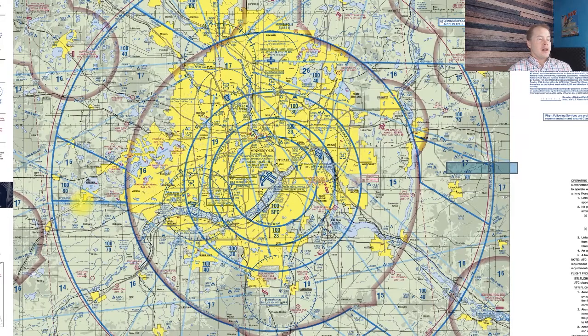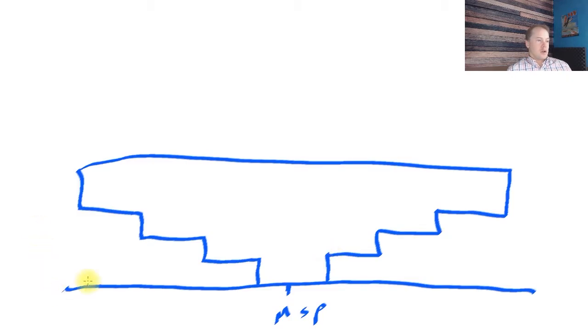Now, I mentioned this upside-down wedding cake. If you look at it on an aeronautical chart, it looks a lot like this. So here is the Class B airspace for Minneapolis. We start in the middle. Here's the airport. And if you notice all of these concentric rings that go around the airport, each one of these rings corresponds to one of these steps in our upside-down wedding cake diagram.